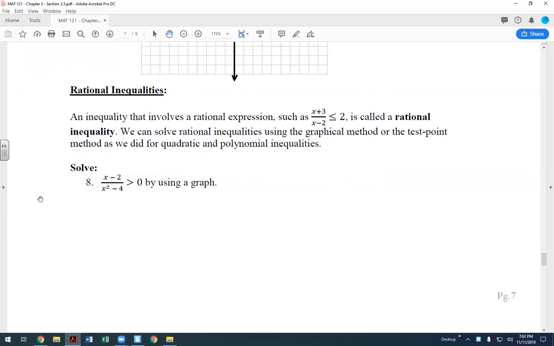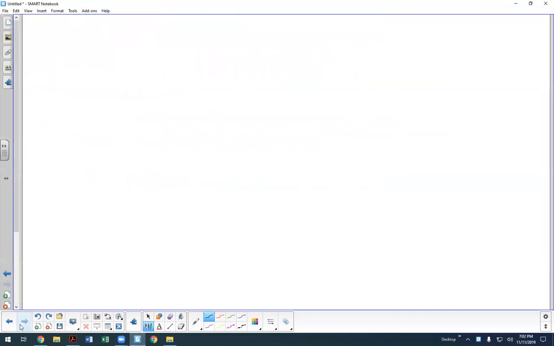So the first thing we're going to do is again set our domain so we know which values don't work for the domain, and then simplify our function. So pretty much very similar to what we did in number 7, but we're using this to solve our rational inequality. We are given (x - 2)/(x² - 4) is greater than 0, and they want us to use a graph to solve this. So let's start talking about the domain first.